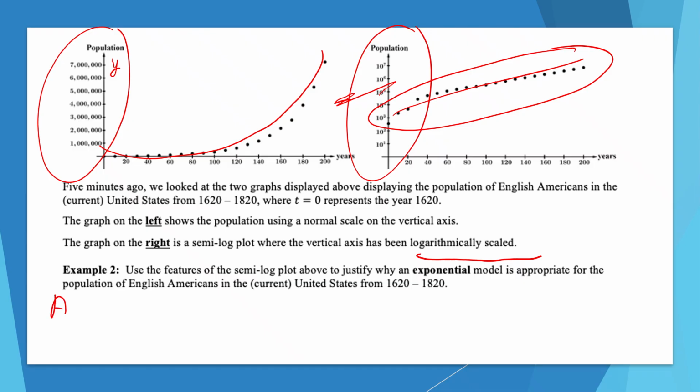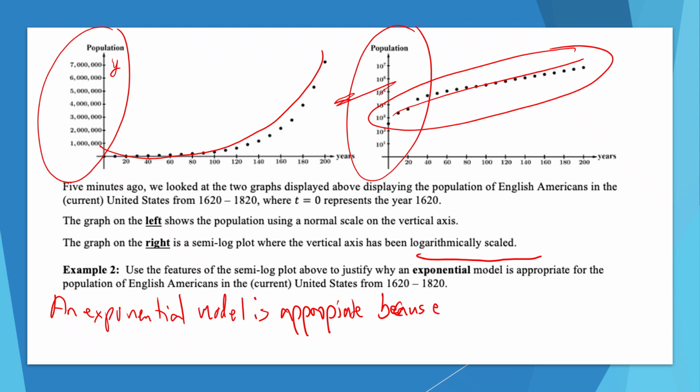So my answer would be, and answers may vary here, an exponential model is appropriate because the semi-log plot above appears linear. And that would be enough for me for an answer. So because the semi-log plot appears linear, right, then that probably means the data is going to be exponential.